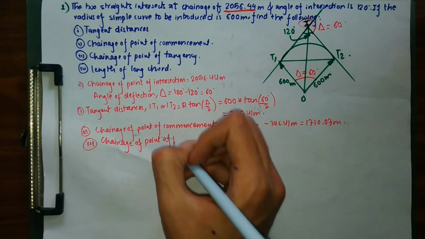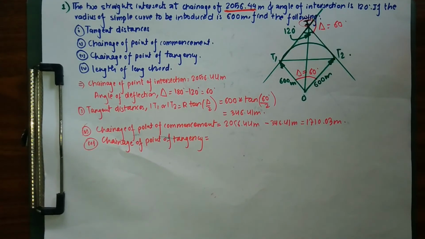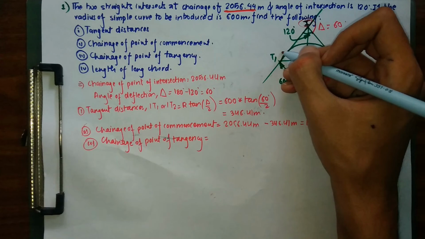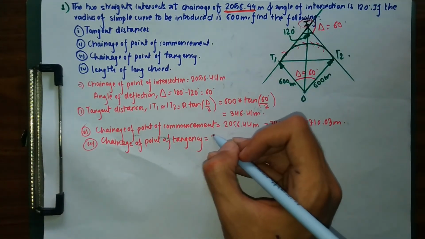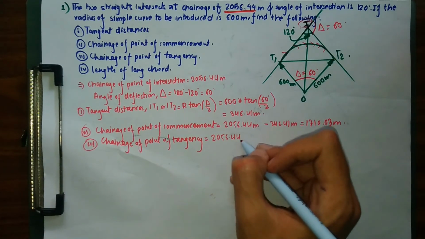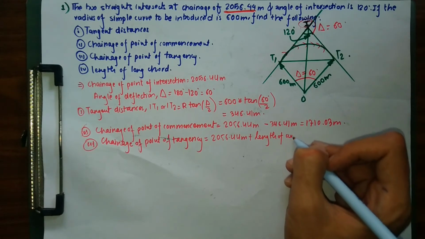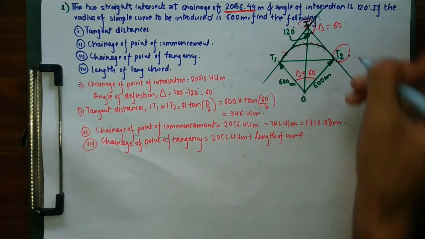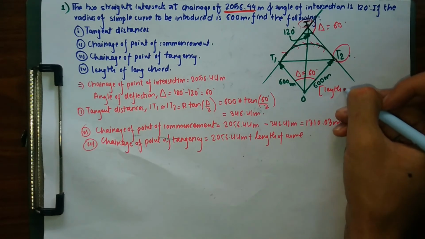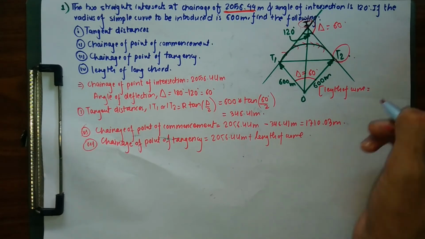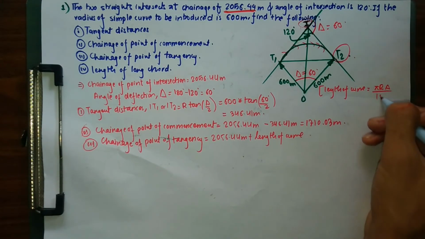Next, in my third question, I need to find the chainage of the point of tangency. As I explained before, since we will be following this alignment for our tangency, I have the chainage of the point of intersection, which is 2056.44. Next I need to add my length of curve in order to find the chainage of the point of tangency. So let me find out my length of curve. As I explained before, my length of curve is given by the formula pi R delta by 180 degrees.